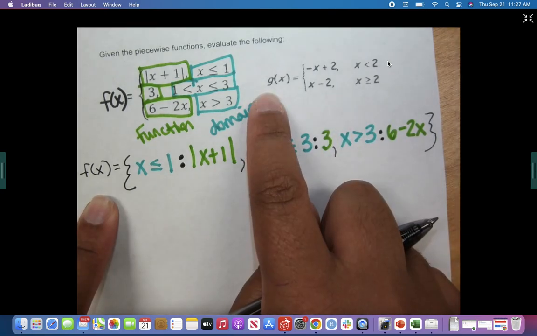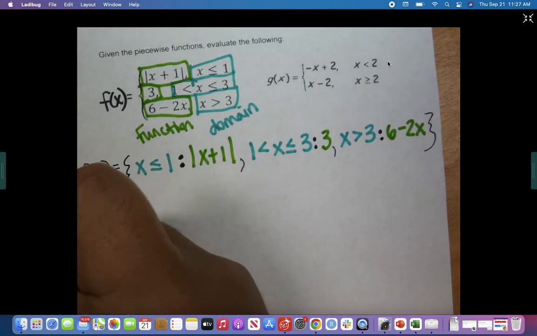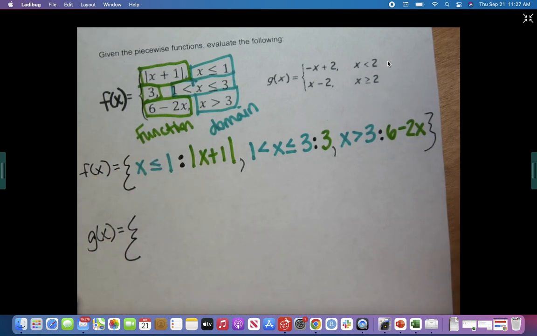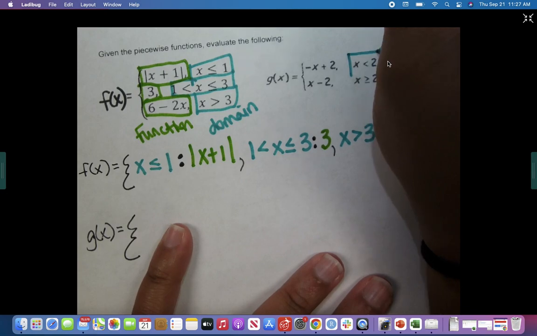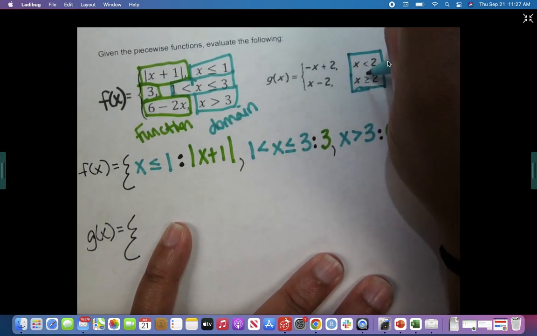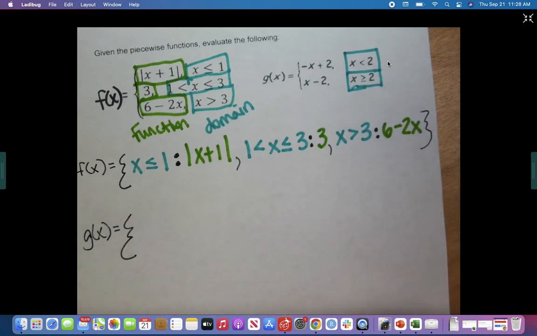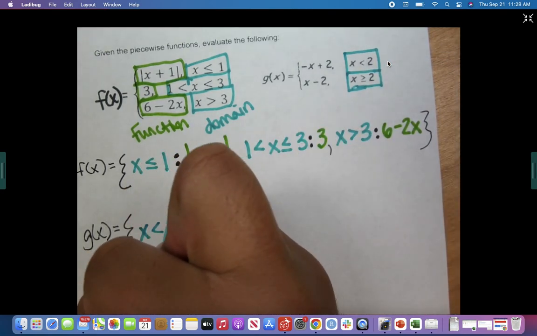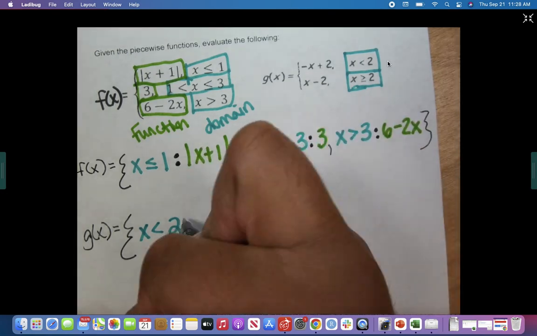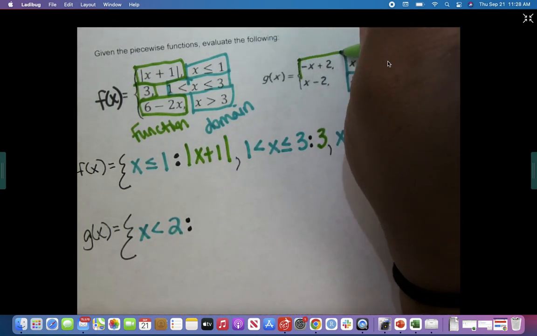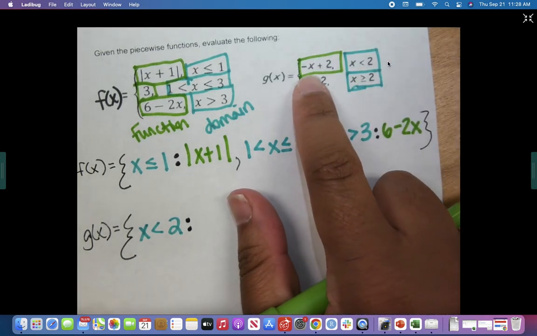So now we're going to do the same thing for g of x. So g of x equals curly brackets. Same thing. We're going to type the domain. So x is less than 2. Colon. The function. So now the function is negative x plus 2.